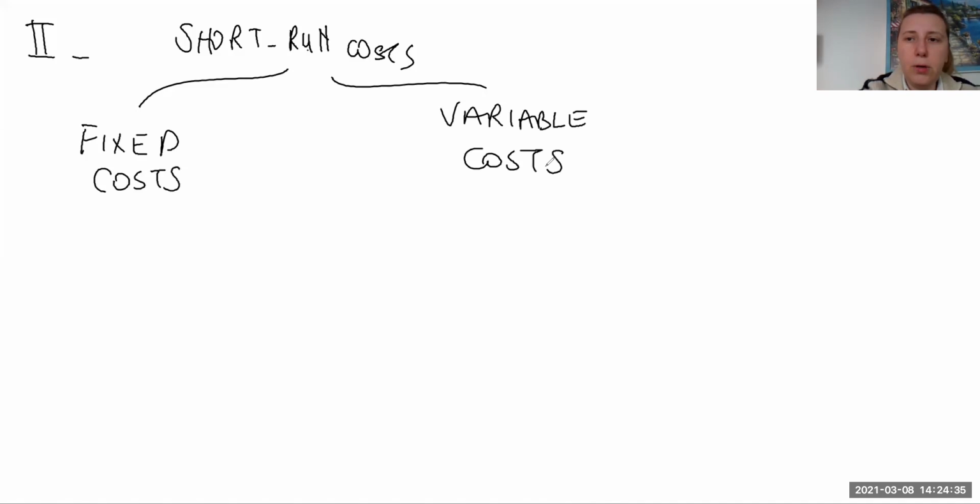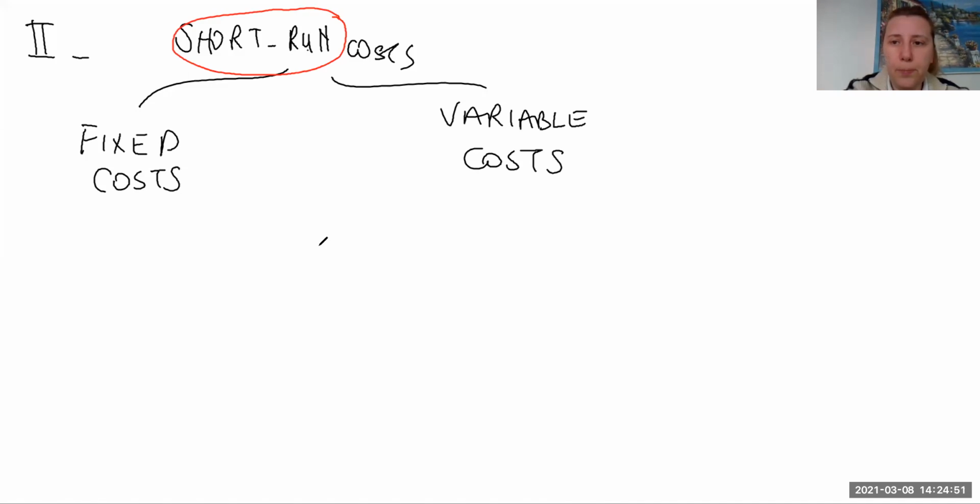Please remember, let's emphasize the short run concept. Let's remember our production function, a simple production function for only two inputs. Q is a function of labor and capital.